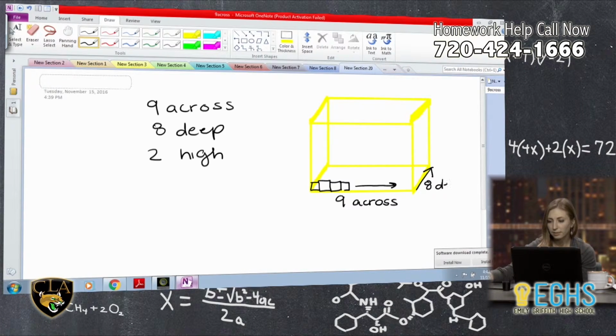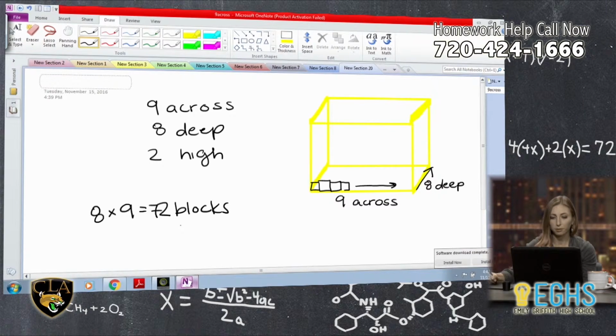If we just found that bottom layer, what would be on the bottom of the cooler, 9 across and 8 deep, it's going to end up being 8 rows of 9. So we can say 8 times 9. There would be 72 blocks of cheese lining the bottom of that cooler.